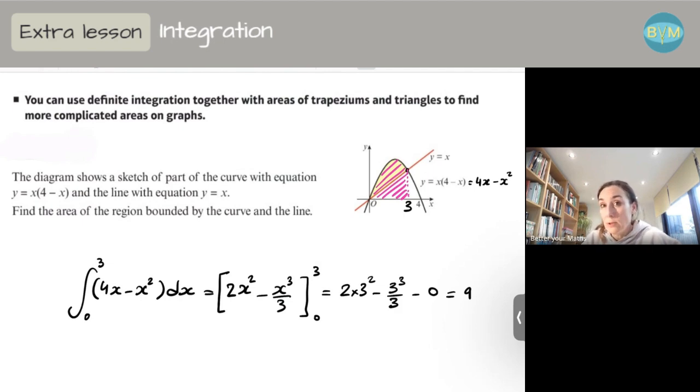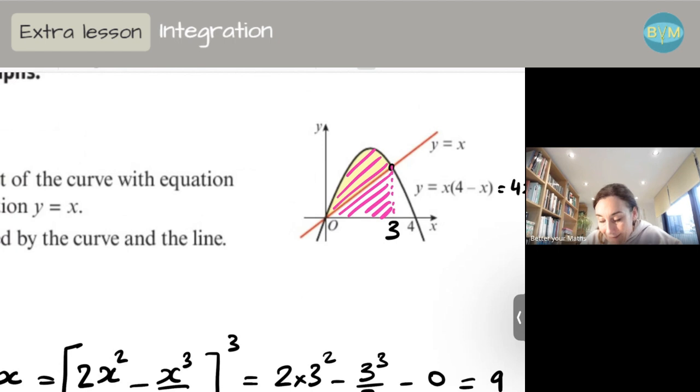But that's not the yellow one that we want. So what are we going to do? We are going to remove this triangle. Can we find the area of this triangle? We know the base is 3, and for the height, we have to find the y-coordinate of this point. As it belongs to this line, the y-coordinate is equal to the x. So this point here is (3, 3).